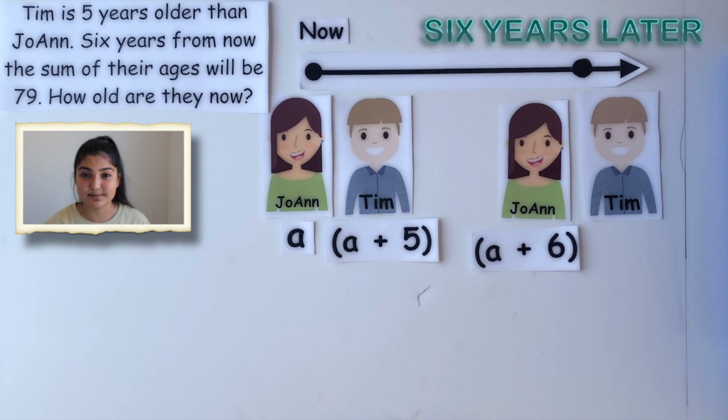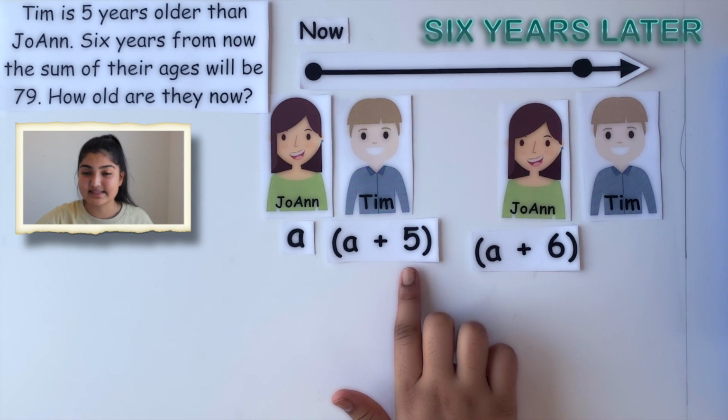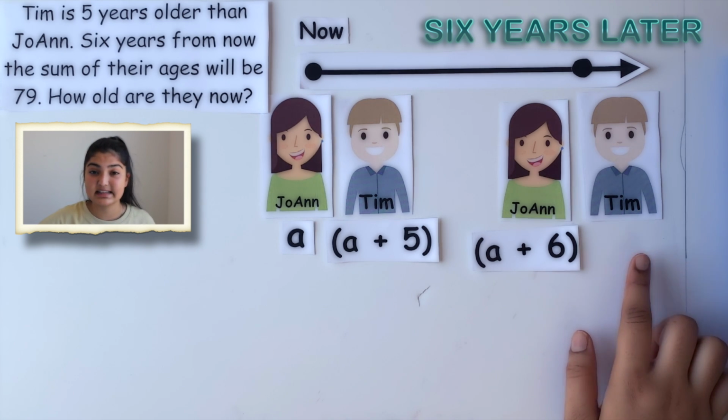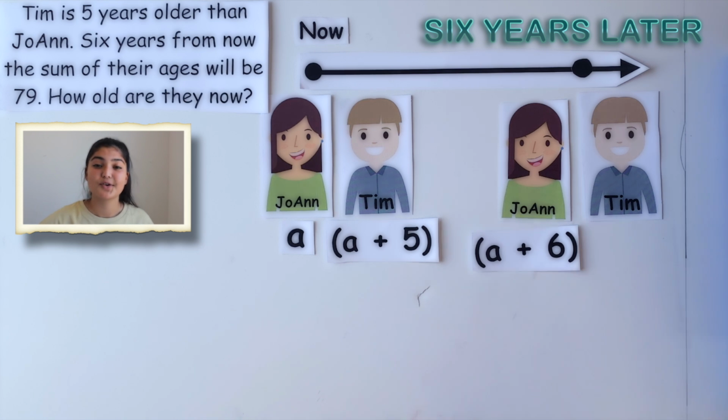But what about Tim? Well, Tim is A plus 5 years old. So, to find his age 6 years later, all we have to do is add 6.